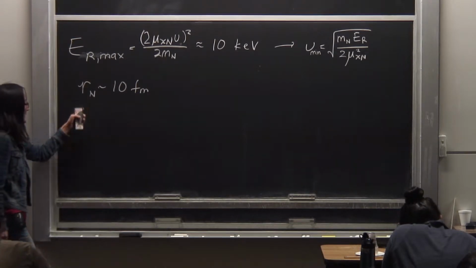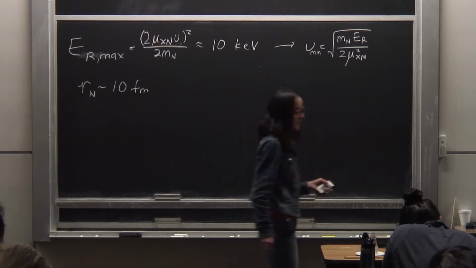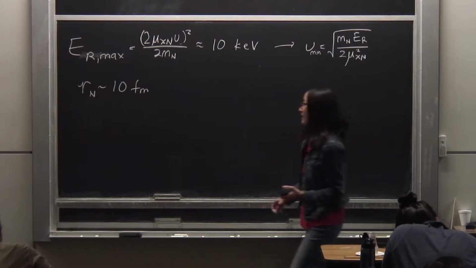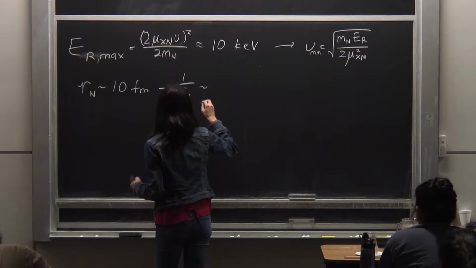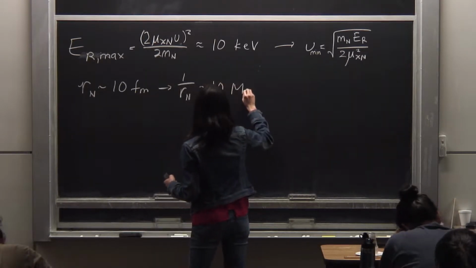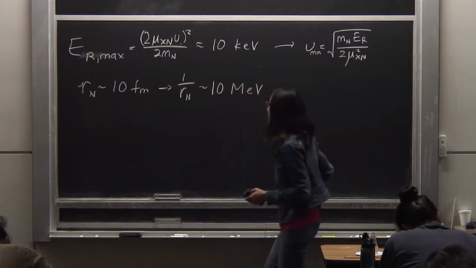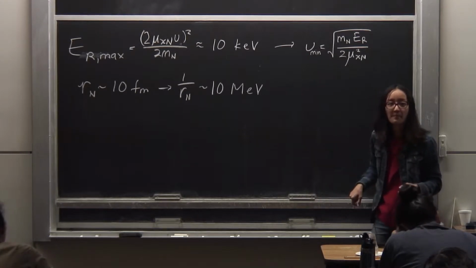So that will be the radius of the nucleus. And if I turn that into 1 over Rn, it'll be about 10 MeV also.